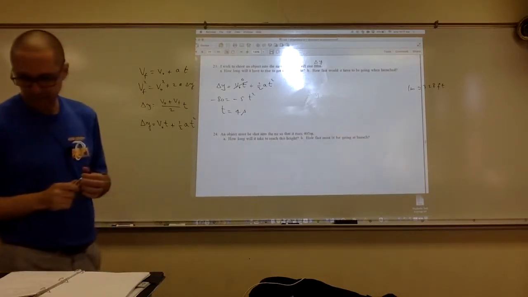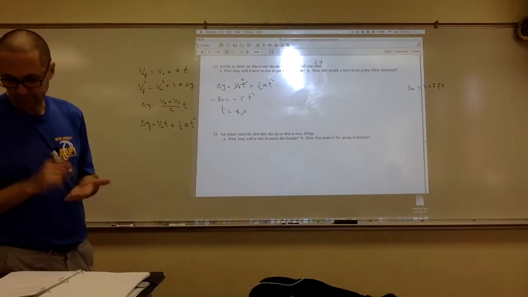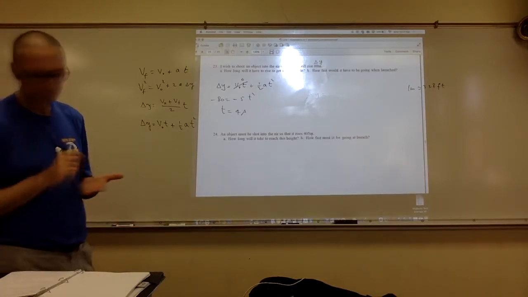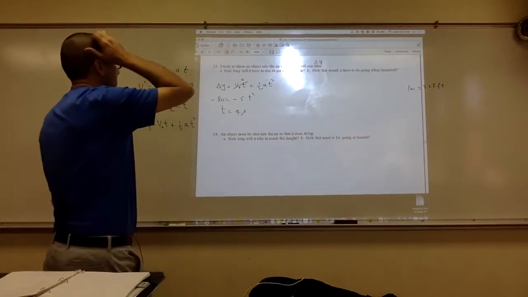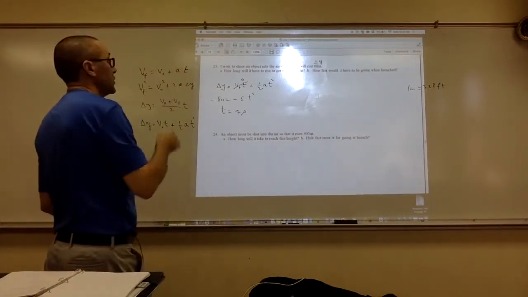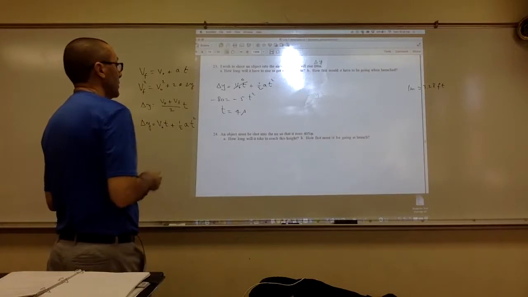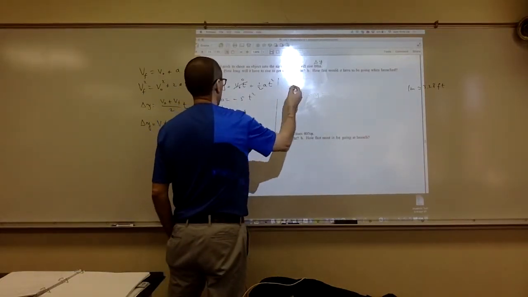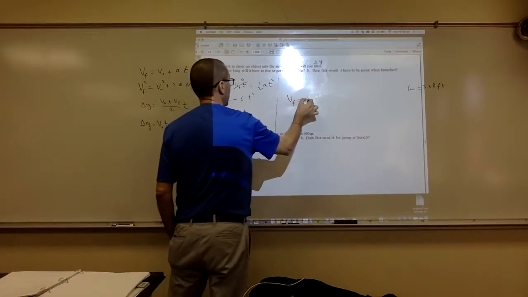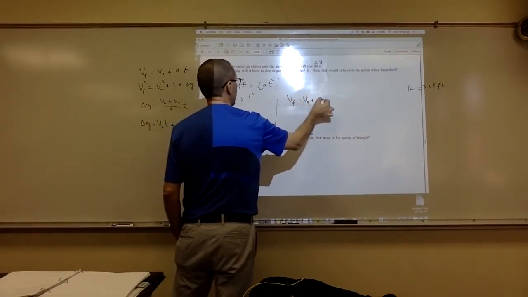How fast? If you want to look at it the other way, you have to find the initial speed first, but we're not going to bother with that. How fast would it have to be going when launched? Well, we have to do it anyway. So I'm going to find the initial velocity. Vf equals V0 plus at.